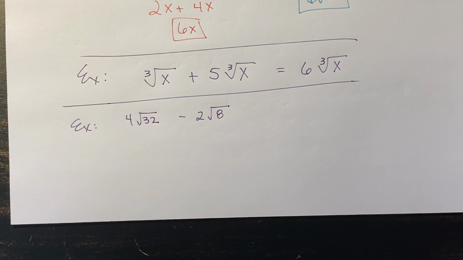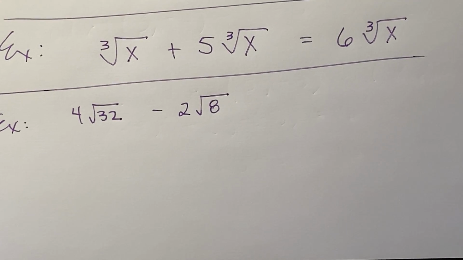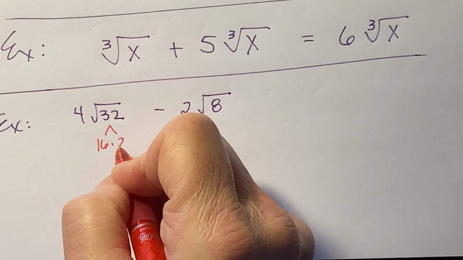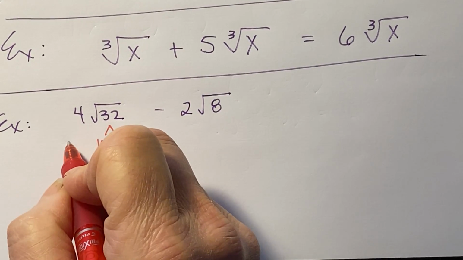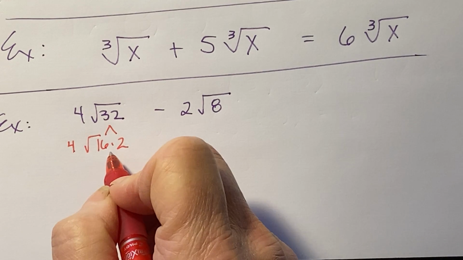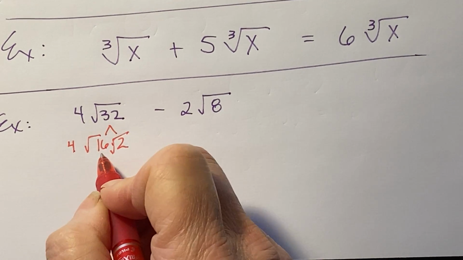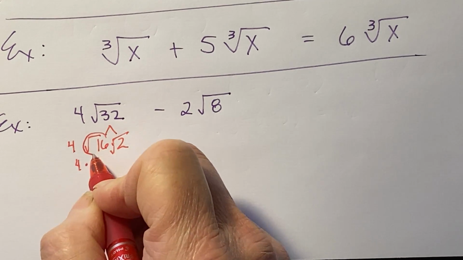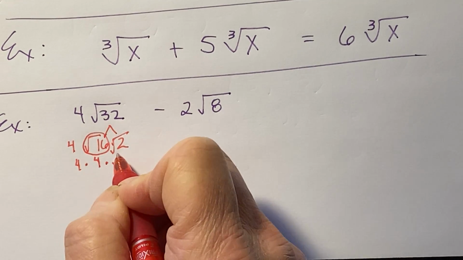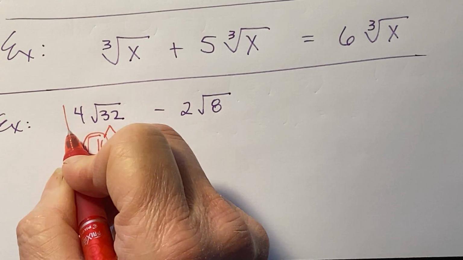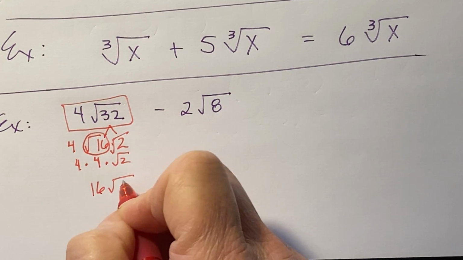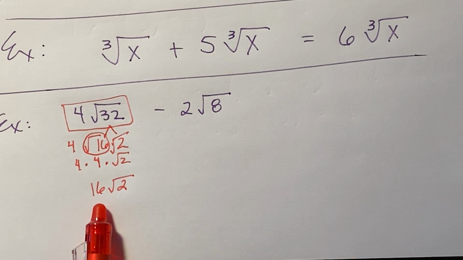So we'll do that first and see what we get. 32 is 16 times 2. So I'm looking at 4 times the square root of 16 times the square root of 2. 4 times 4, because this right here is another 4, times the square root of 2. So this simplifies to 16 square roots of 2.